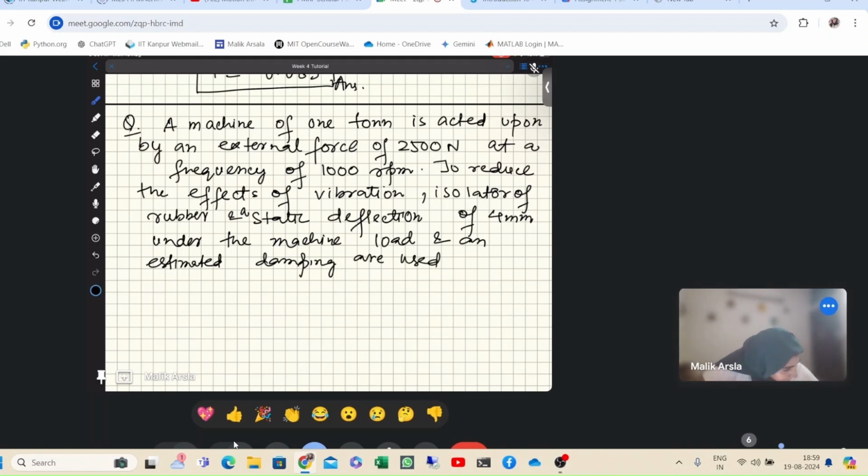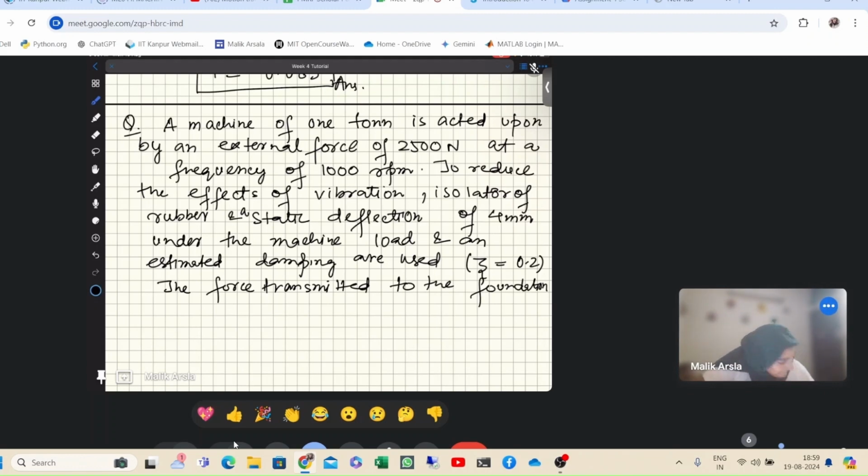Zeta is equal to 0.2. The force transmitted to the foundation is.